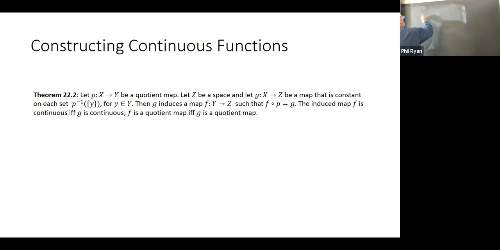Right, so X, Y, Z. We've got a map going from X to Y, which is our quotient map. We've got a map g going from X to Z. And so what we're saying is then we can fill in the diagram with f such that this is a commutative diagram, i.e. that f composed with p equals g.